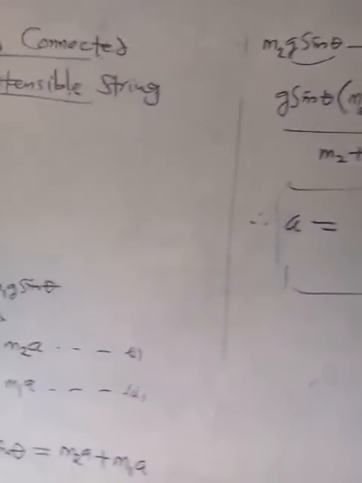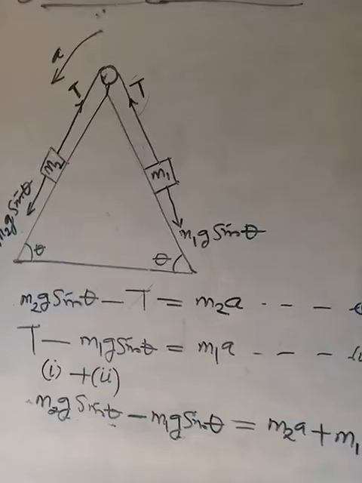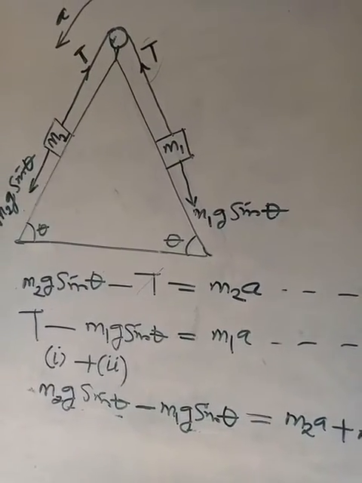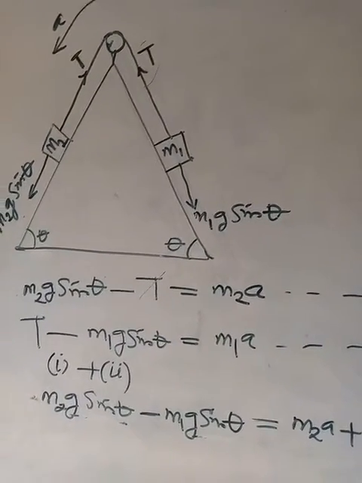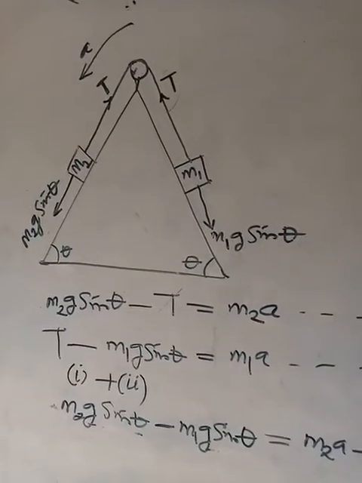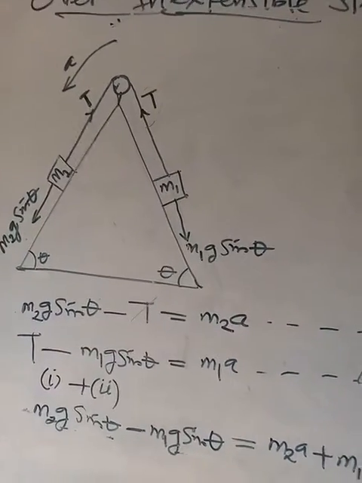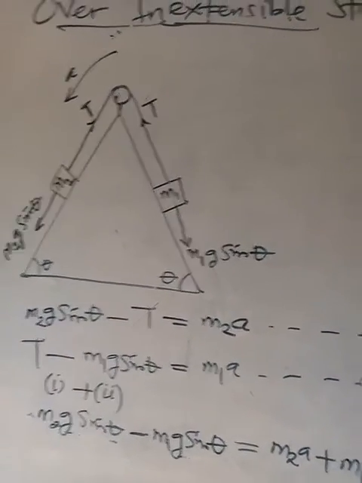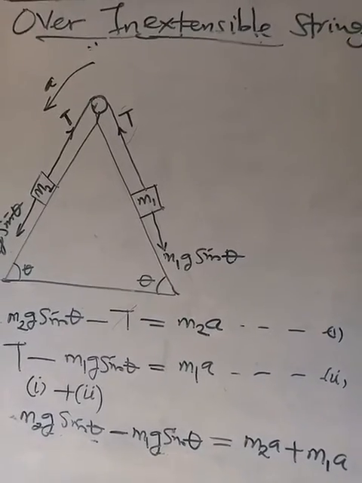You can also use it to calculate the tension. Now that the acceleration is known, tension can also be calculated. We can make tension the subject of the formula from equation 1 or equation 2.